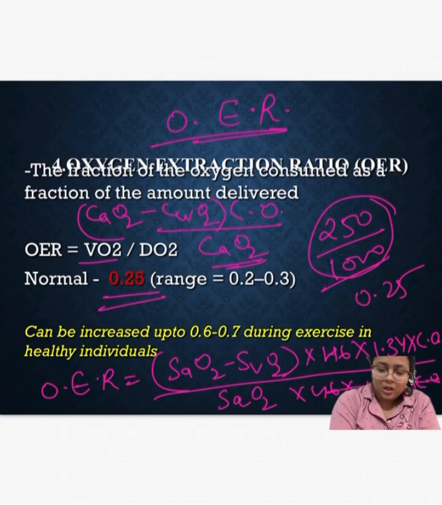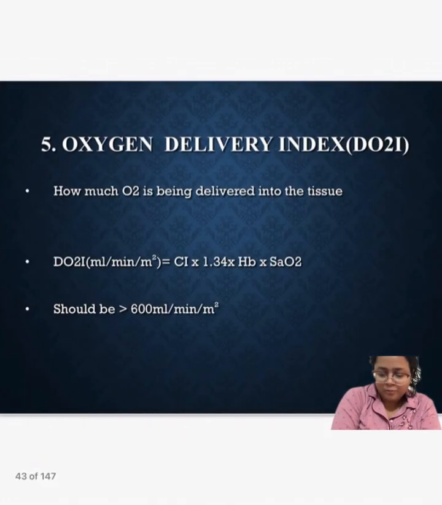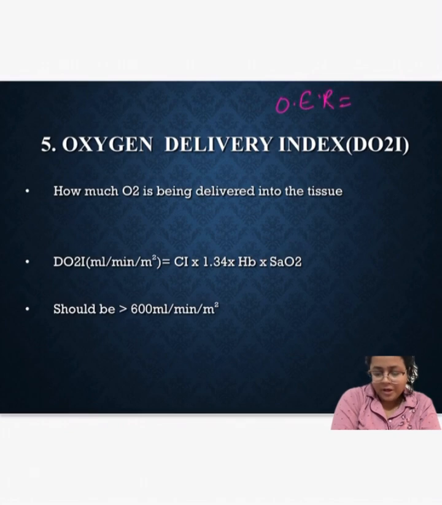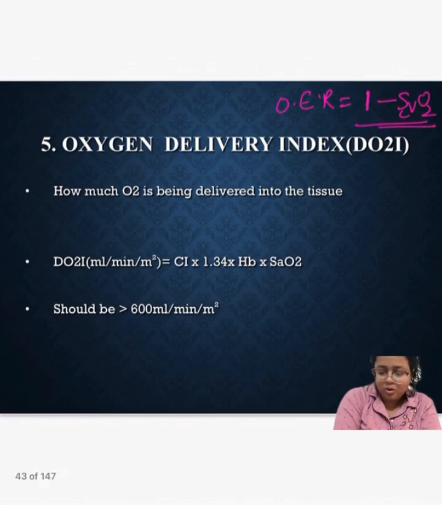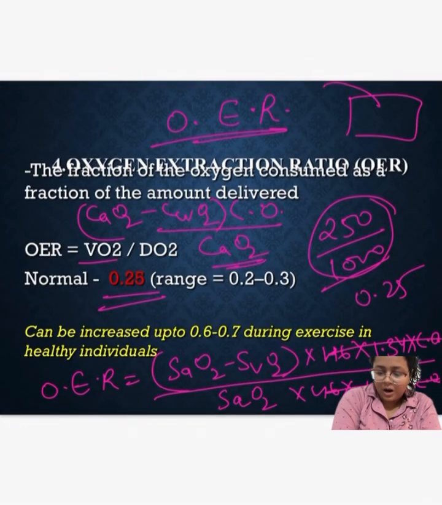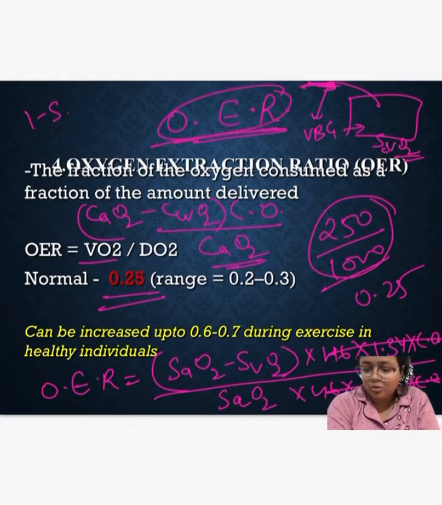So OER is equal to 1 minus SvO2, since SaO2 is normally 100%. If we have a central vein, we take the VBG from that, and the oxygen saturation ScvO2 will give us an idea of OER. 1 minus ScvO2 is equal to OER, so how much we are extracting.